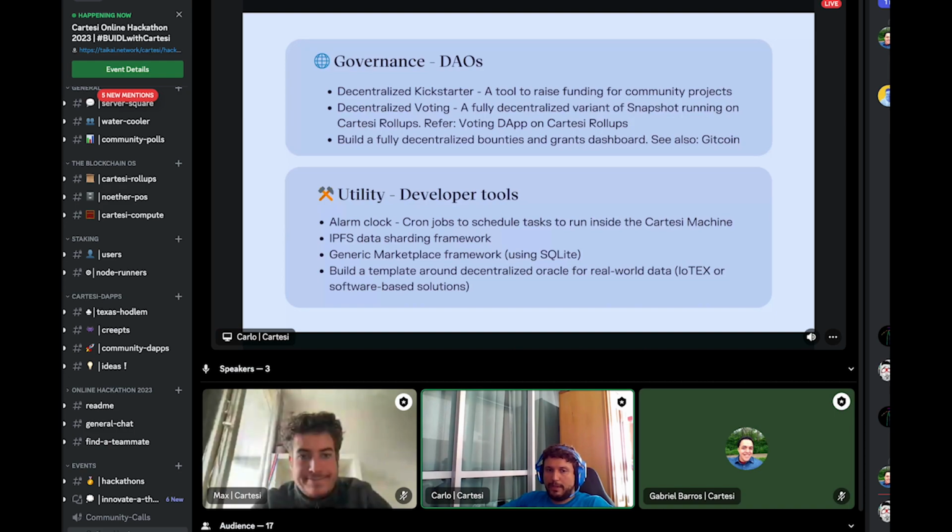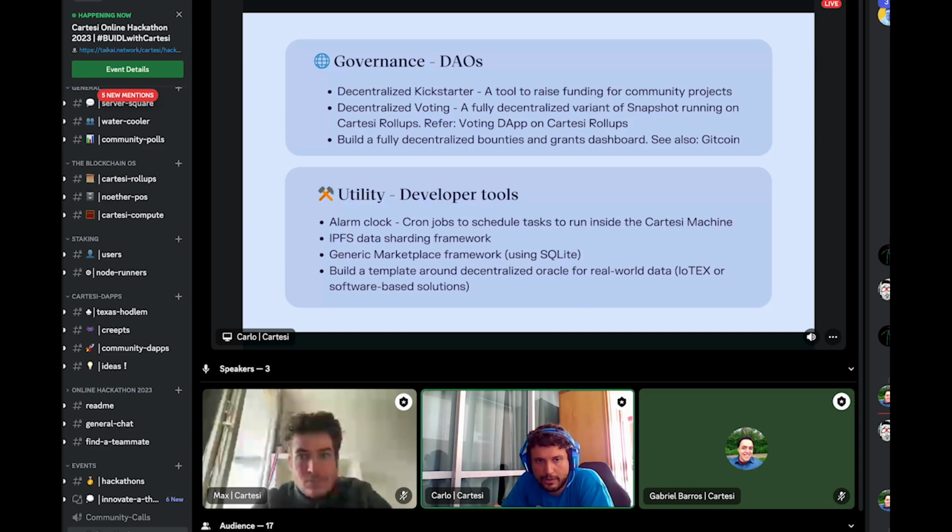Do white label applications that are interesting for the economy in general. So a generic marketplace using databases and all the stuff that anyone can apply to a particular industry of their interest. If you want to do a template for oracles processing IoT data, all these kinds of things, it's something that the community can benefit from.